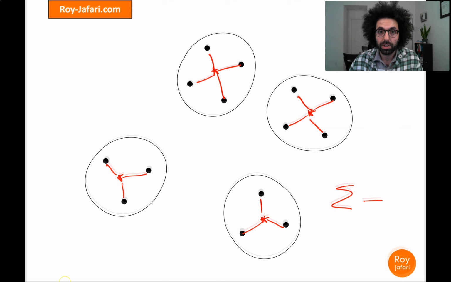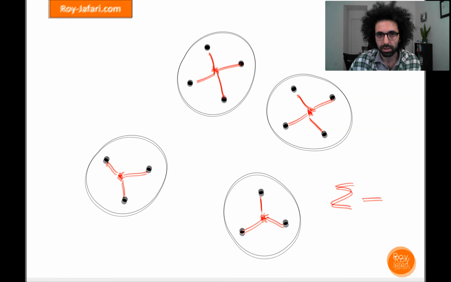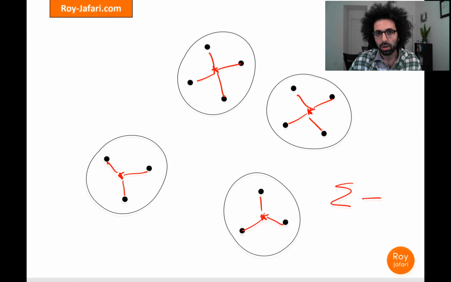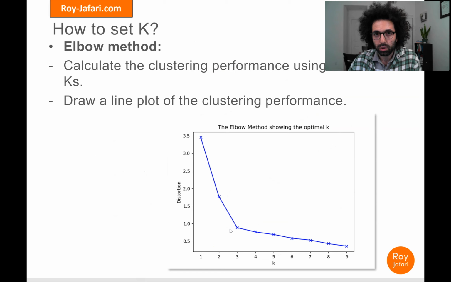And that's a very unique feature and characteristic of SSE. That was the reason that when we were using SSE to find the best number of clusters using k-means, we were using the elbow method. Because every time we have a greater number of clusters, we expect the value of SSE to decrease.